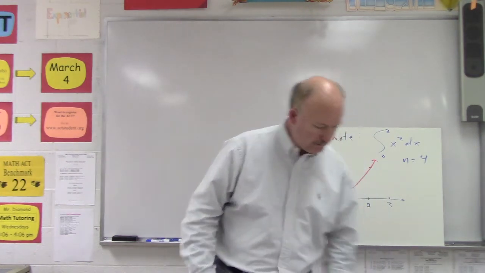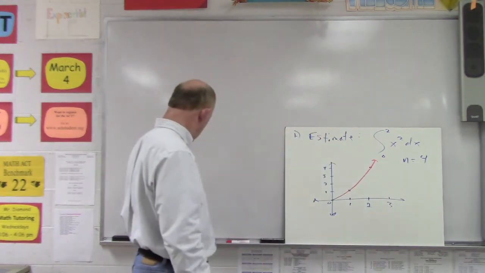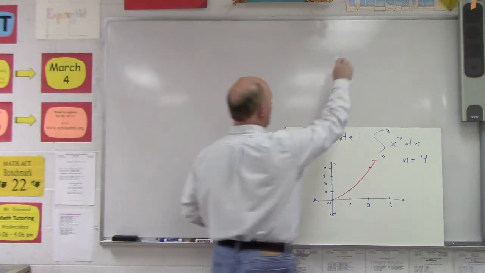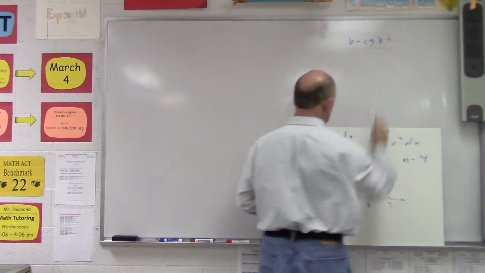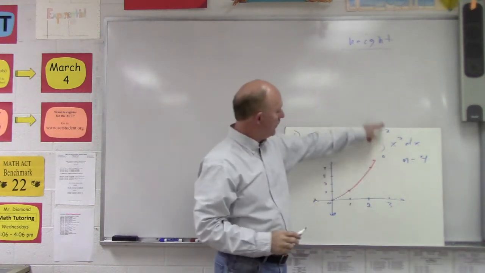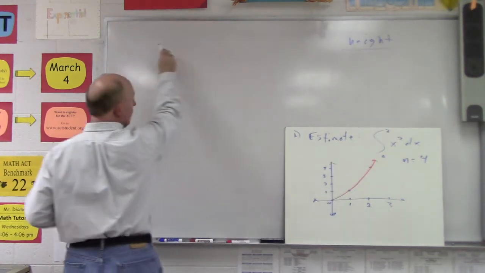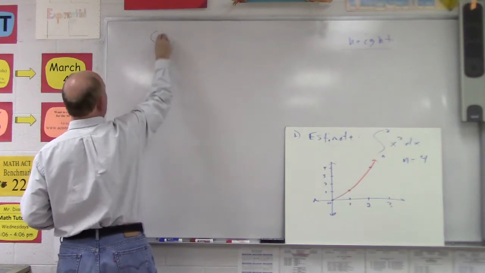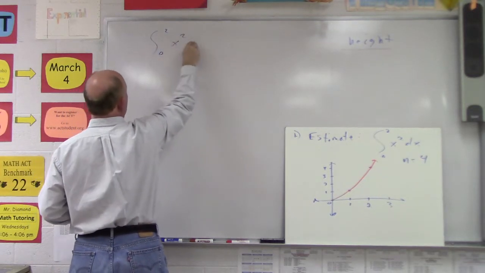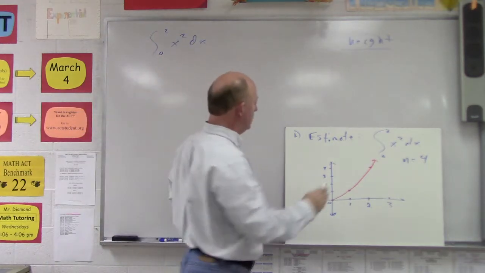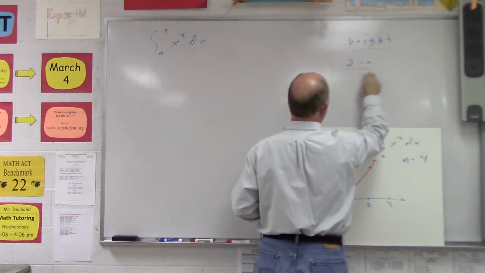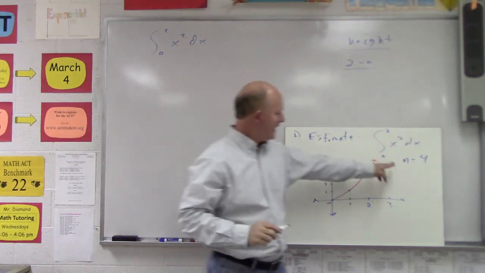As we get started, the first thing I like to do is describe our height. In this case, we're estimating the area between the curve and the x-axis from 0 to 2. So we write our integral over here, 0 to 2 of x squared dx. To get the height would be 2 minus 0. And we're going to do n equals 4.